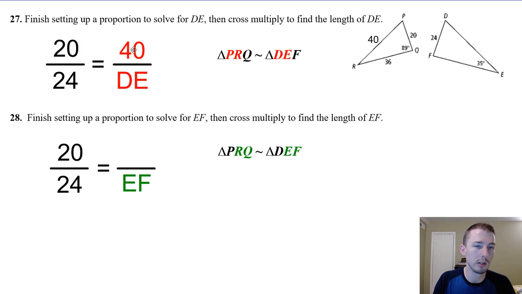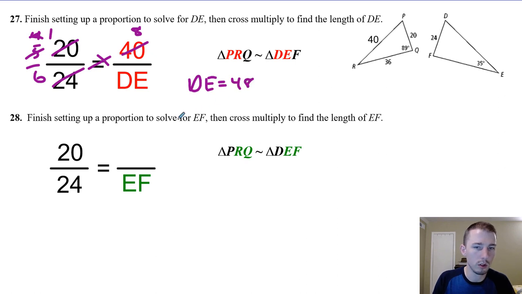Ooh, before you do that, remember we could actually reduce this. That was 5/6, right? And then you could reduce this one, which is going to be 8 and 1. My bad. All right, so DE is actually going to be 48, because 6 times 8 is 1 times DE. So DE is equal to 48.